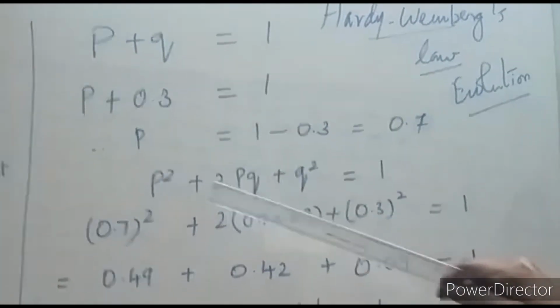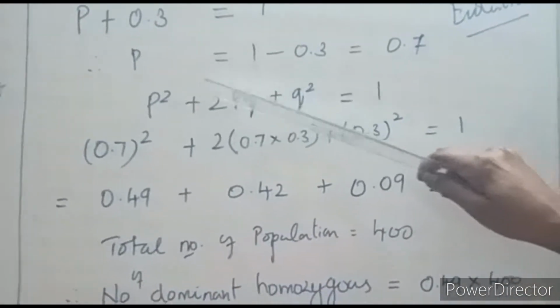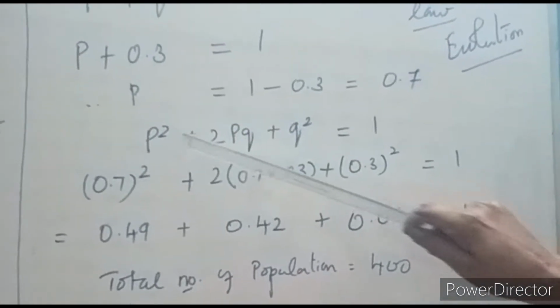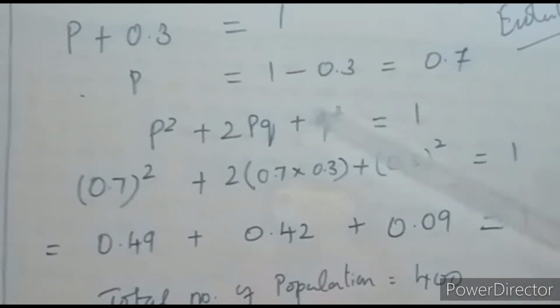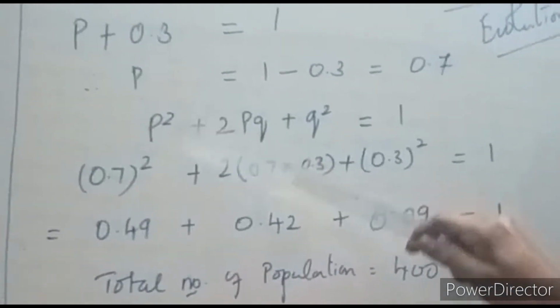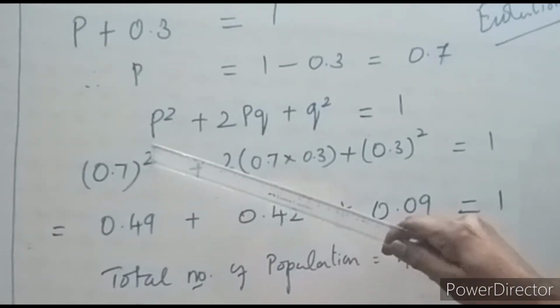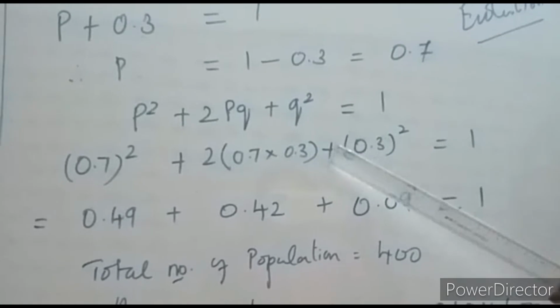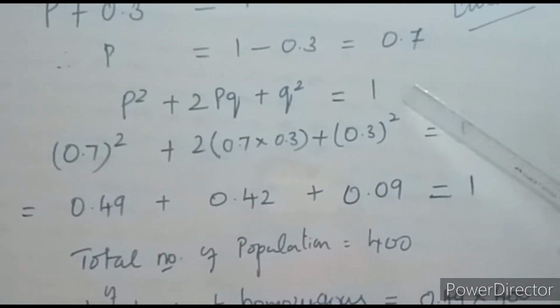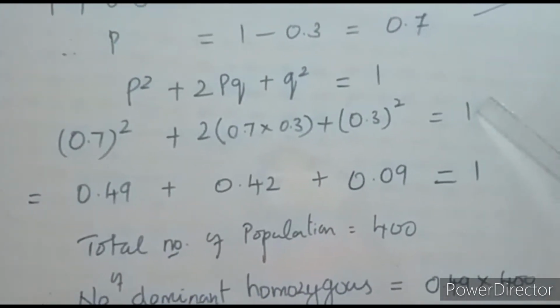Now let us take up the other equation for hybrid. p² + 2pq + q² is equal to 1. We apply the values here. 0.7² + 2 × 0.7 × 0.3 + 0.3² is equal to 1.